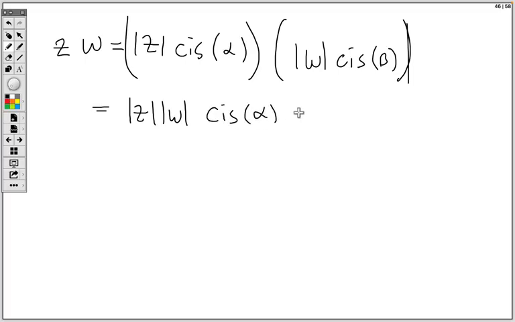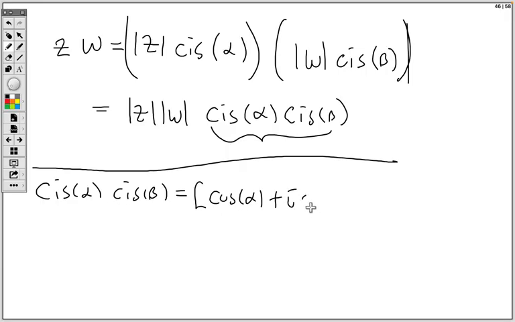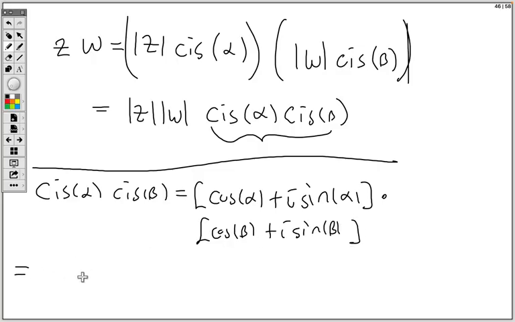So really the work here is figuring out what happens when you multiply out cis alpha times cis beta. So let's work that out. When in doubt, write it out. Cis alpha is cosine alpha plus i sine alpha, times cis beta, cosine beta plus i sine beta. Let's see what we get.